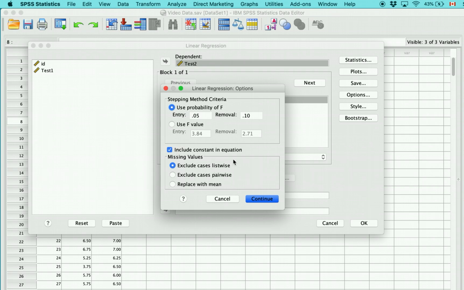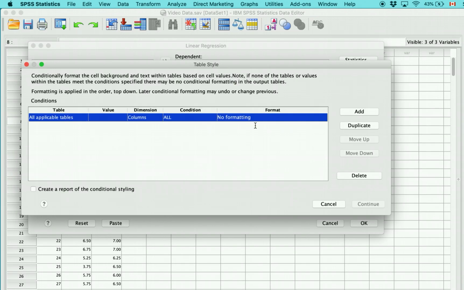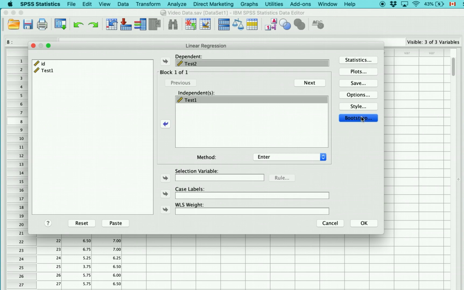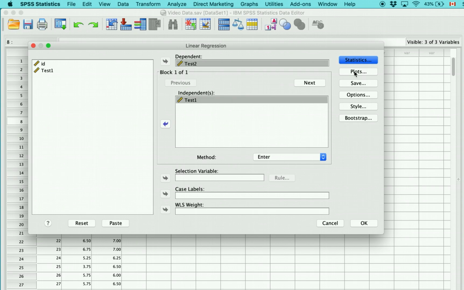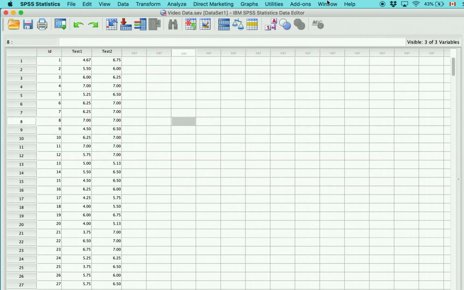This is not something we need to worry about here. Finally, style, nothing there, and bootstrap, nothing you need to do here. So essentially, in our case, you're just putting test one here, test two here, and keeping the default setup. So we click OK.